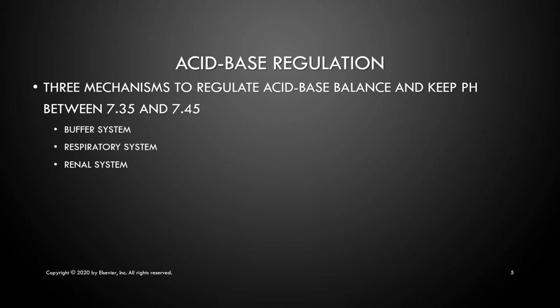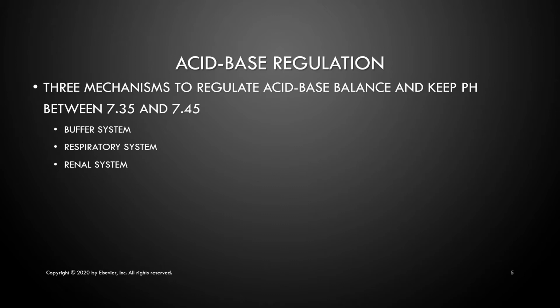How the respiratory system works is it's going to send a signal to the cerebral respiratory center in our brain, and it's going to respond to changes in the acid-base balance, whether it is going to hold on to the carbon dioxide, which means that our respirations might slow down or become very shallow, or we may try to get rid of the carbon dioxide and split the carbonic acid into carbon dioxide and water and expel more of that carbon dioxide.